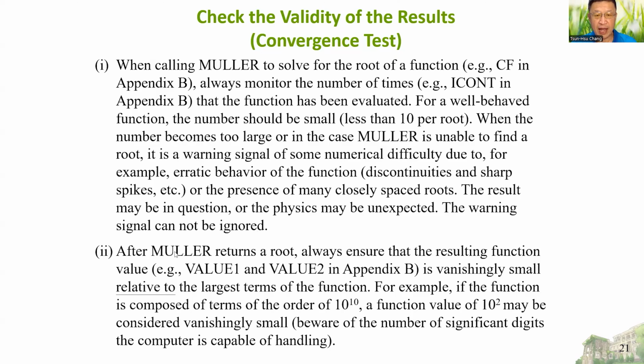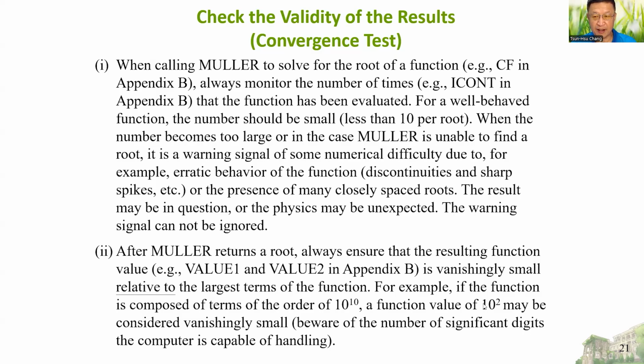Very important. After Muller returns a root, always ensure that the resulting function value, for example value 1 and value 2 in Appendix B, is vanishingly small, converged relative to the large terms of the function.